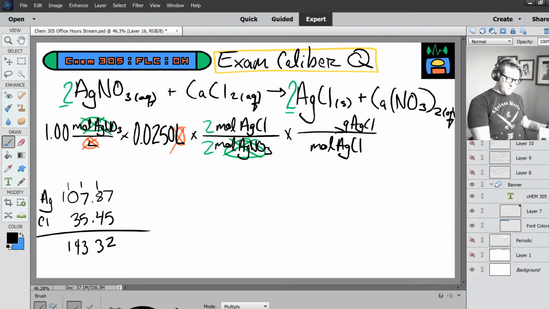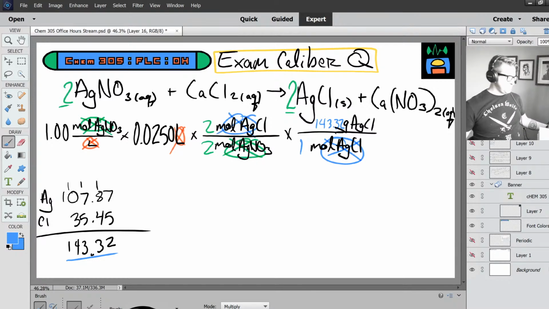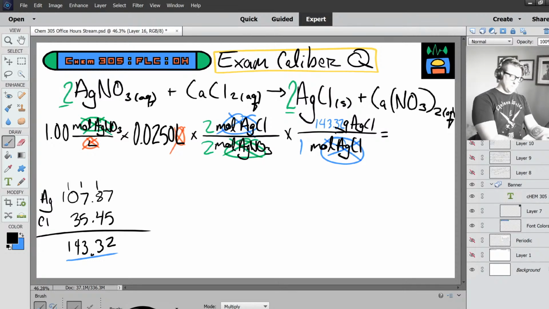Okay, yep, I did it right in my head. So now this is our molecular mass. And now we're good. Sorry, that was allowing me to crunch our numbers.